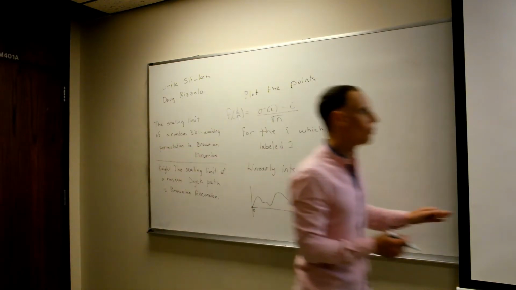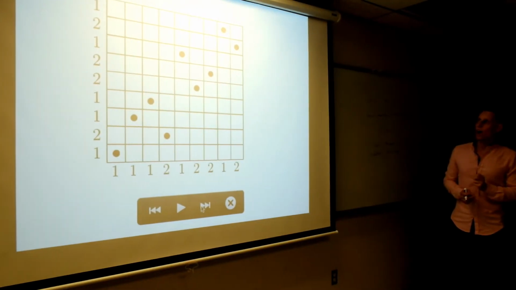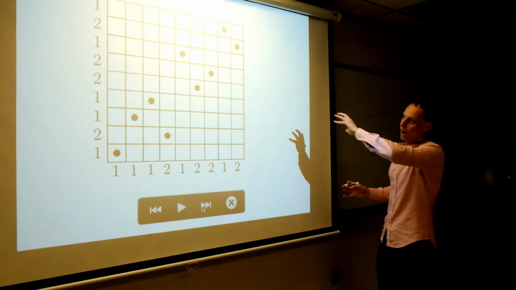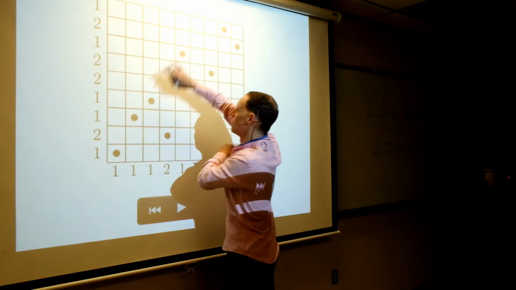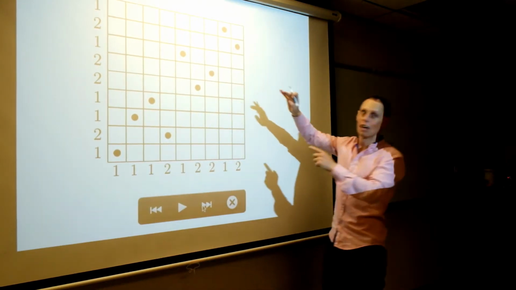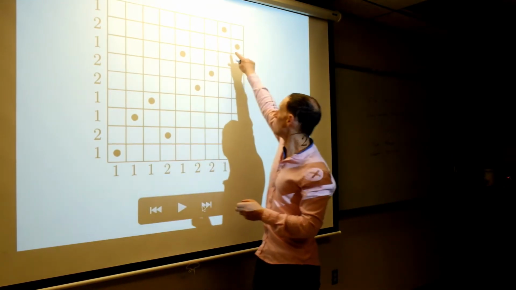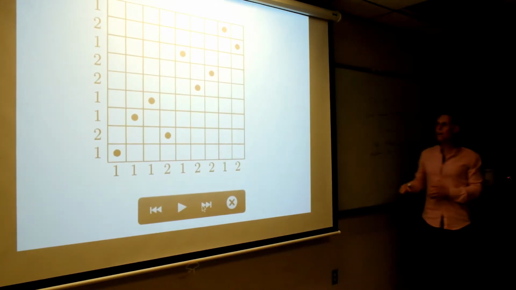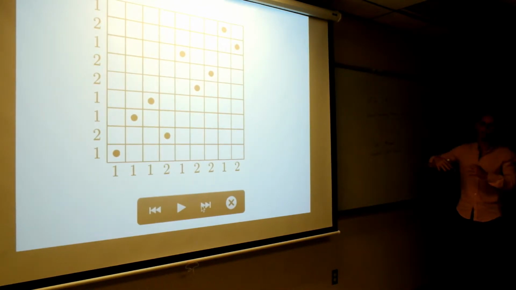So now I want to look at what happens beneath. It's easy to see that these permutations are rotationally symmetric. If I rotate this whole thing about 180 degrees about the center, then I get another 3-2-1 avoiding permutation. So the points that are labeled 2 should also be a Brownian excursion, or minus a Brownian excursion when properly scaled.